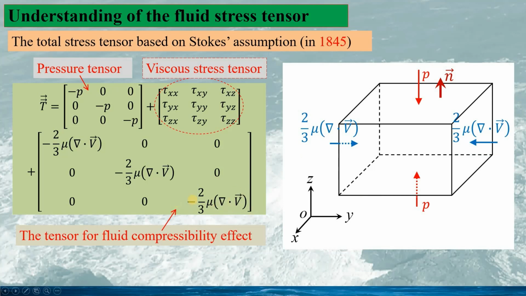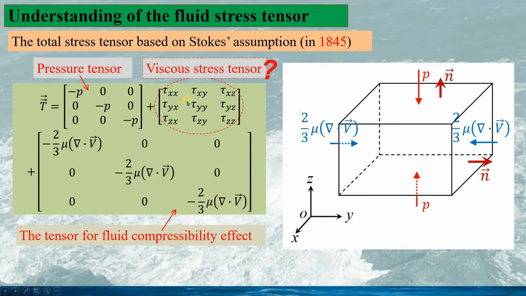And this is similar to the tensor for fluid compressibility. This component would be pointing normally to the surface, and the direction would be opposite to the normal vector. So we have a minus sign here.